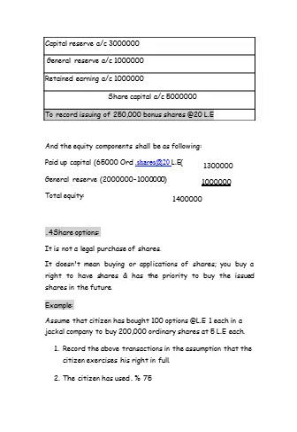Now it is 1,300,000, general reserve 1 million, and the total equity is 1,400,000. This is 1,300,000, and here 1 million, and the total is 1,400,000.